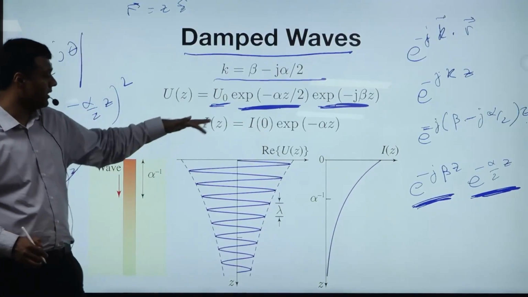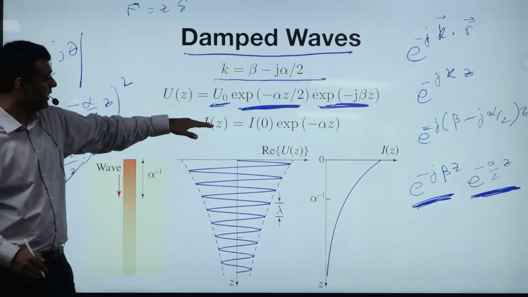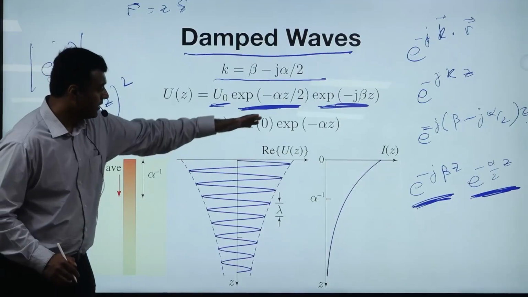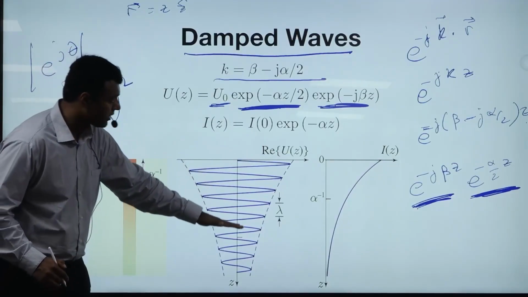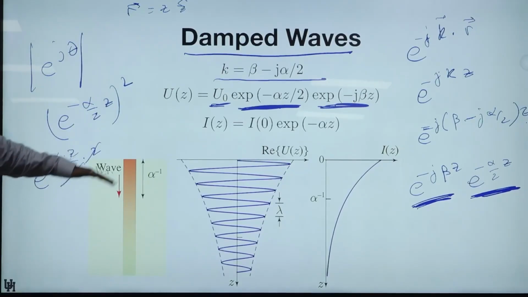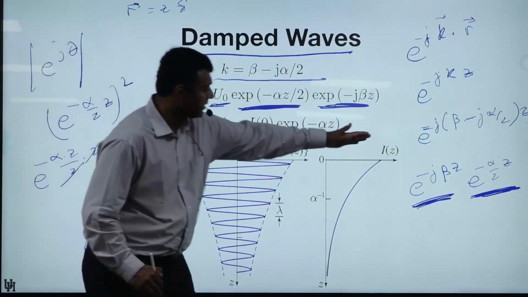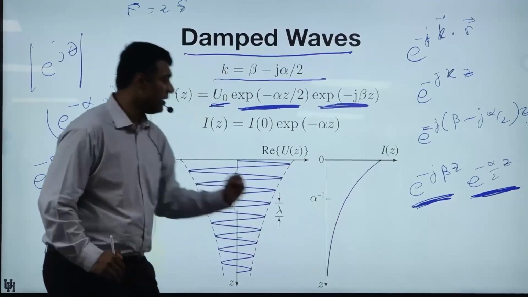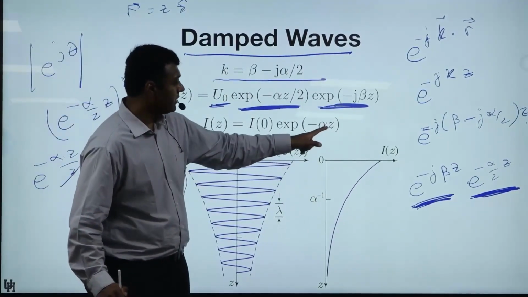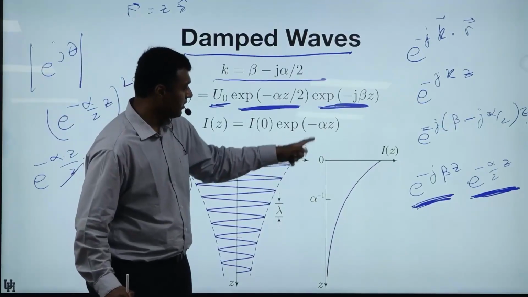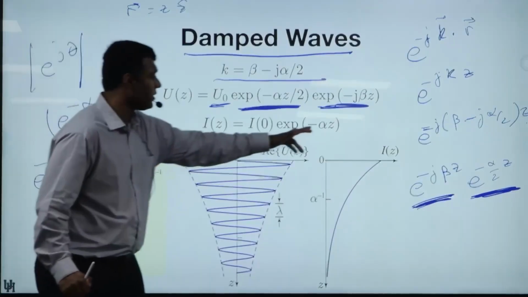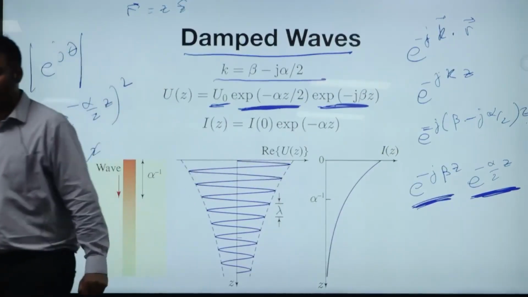So in essence the intensity at a position z is the starting intensity times an exponential reduction, e to the minus alpha z. So the light intensity is reducing exponentially as you go along. And how much does it reduce by when z equals 1? Alpha times z equal to 1, it will become 1 over e.